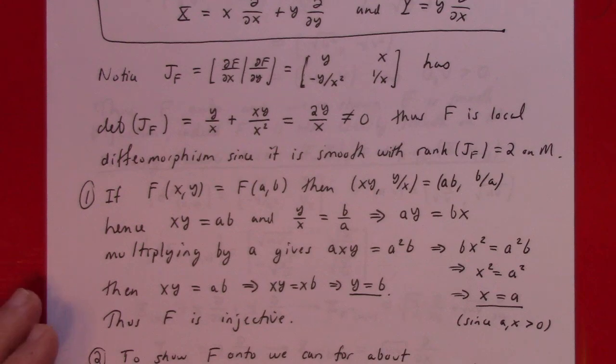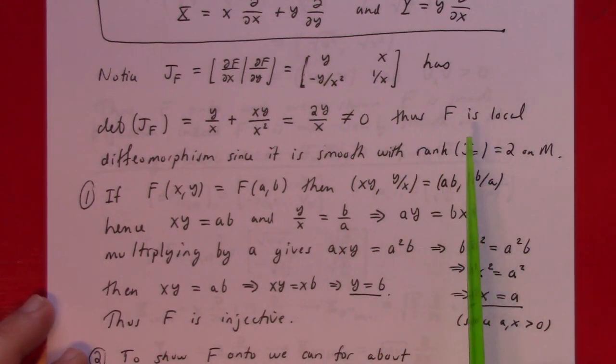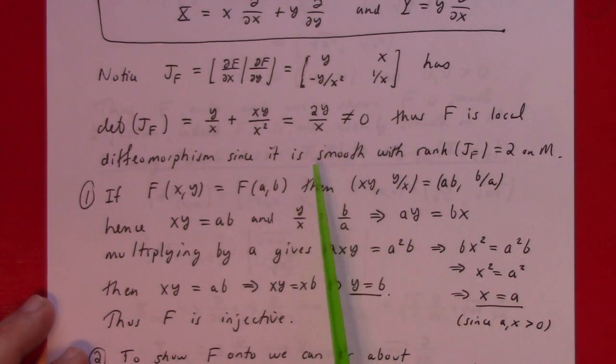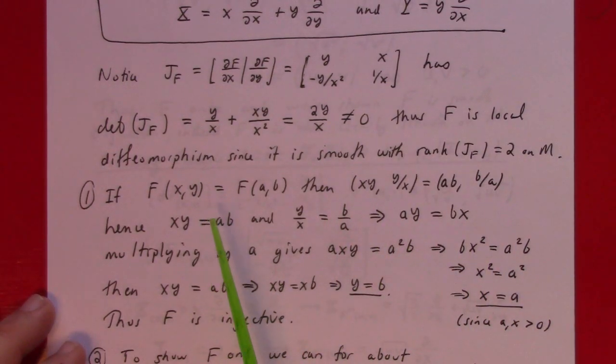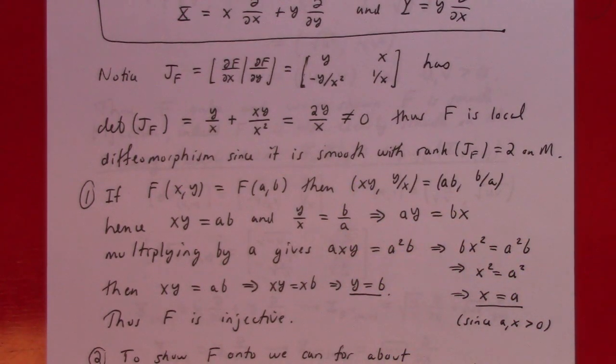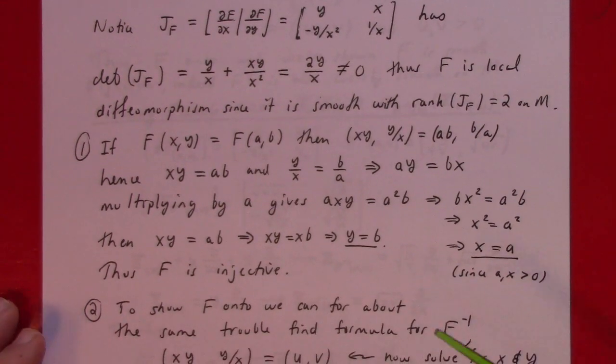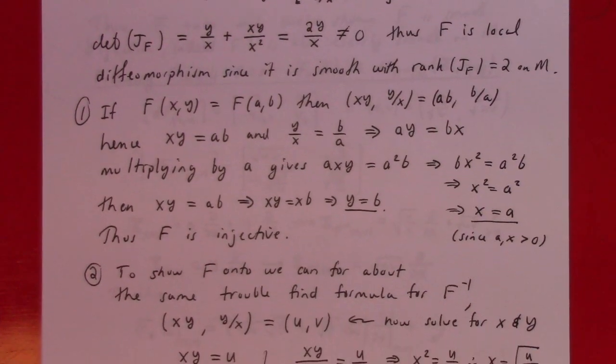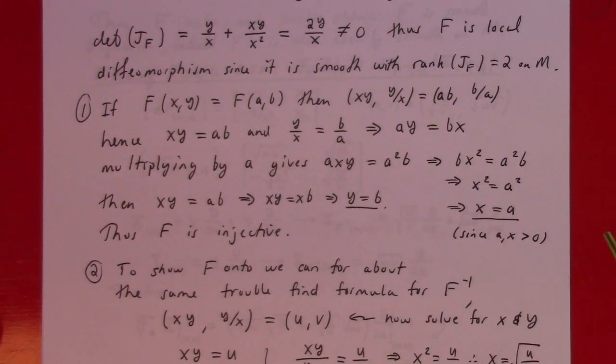But anyway, I calculate the Jacobian. It's everywhere non-zero, so then I find the inverse map somewhere in here. Oh, okay, then I'm proving it's injective and it's onto. And the trouble of proving it's onto, I just decide to go ahead and calculate the inverse, because once you know the inverse exists, onto becomes stupid.